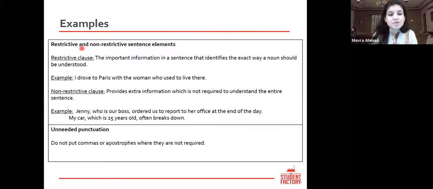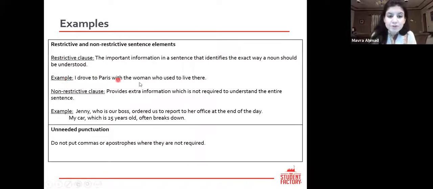Okay. So restrictive and non-restrictive sentence elements. Restrictive clause. Now a restrictive or essential element in a sentence is the most important information in a sentence that identifies the exact way a noun should be understood. This is what we call a restrictive clause.